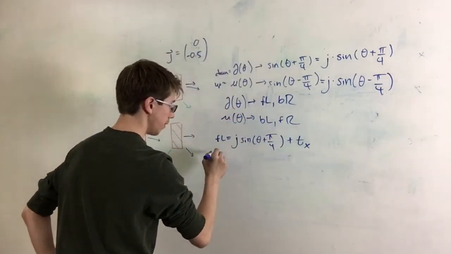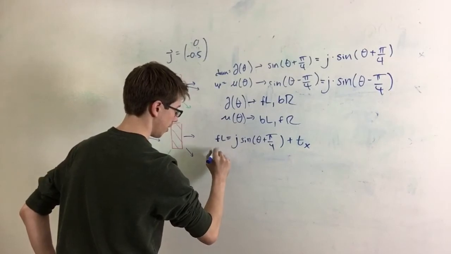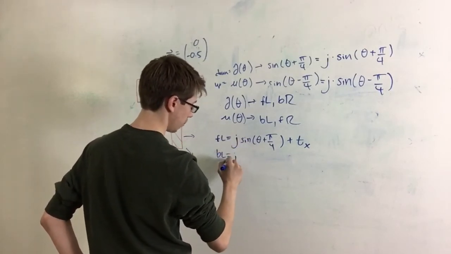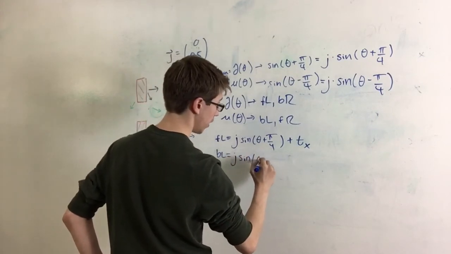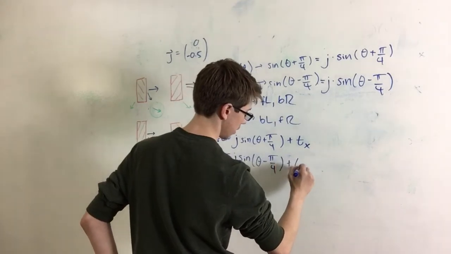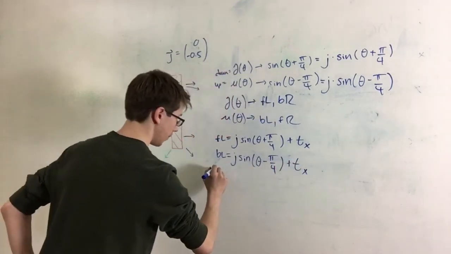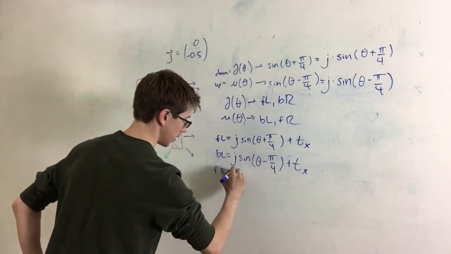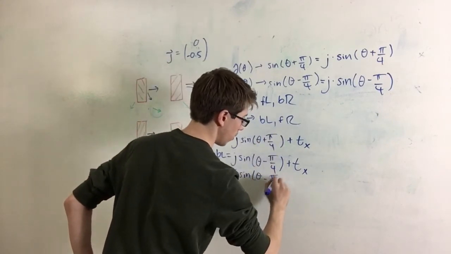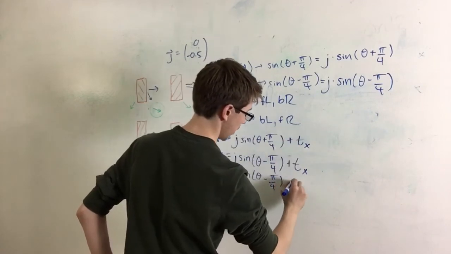Then we have our back left motor. This is going to be j sine theta minus pi over 4 plus tx. Then we do front right. That's j sine theta minus pi over 4 minus tx.